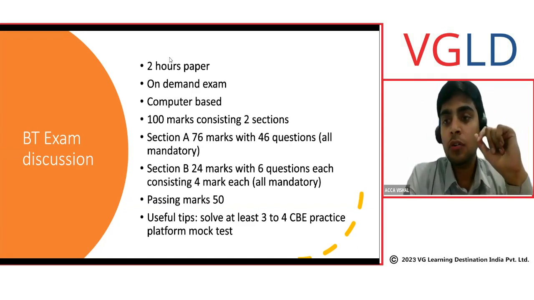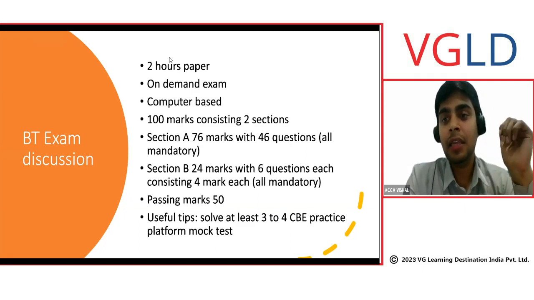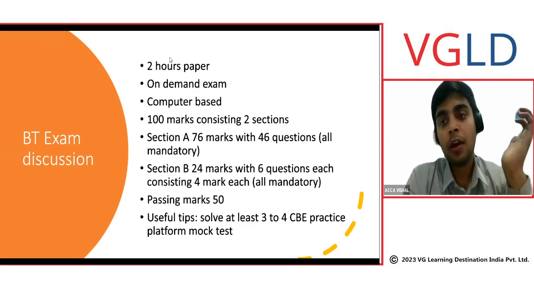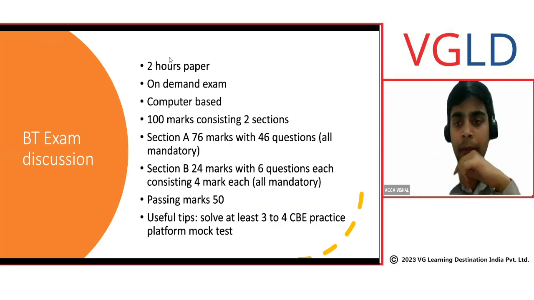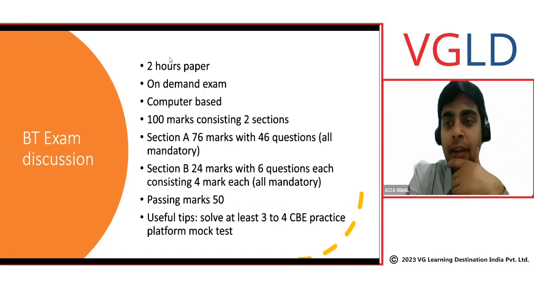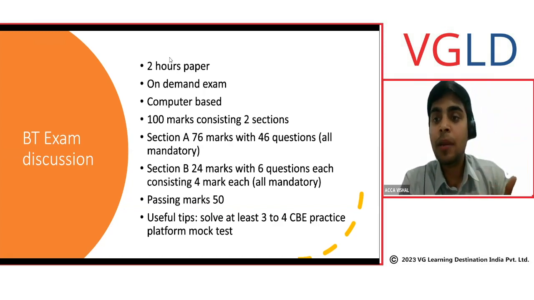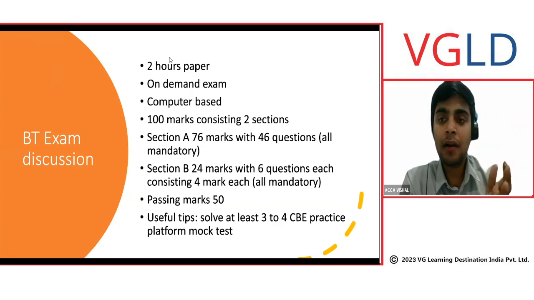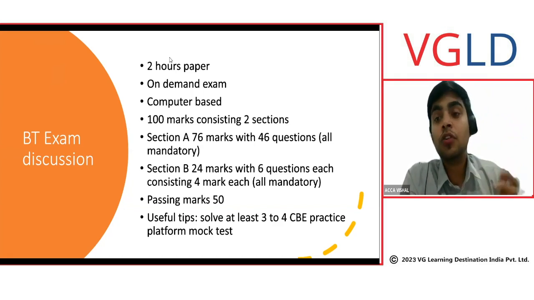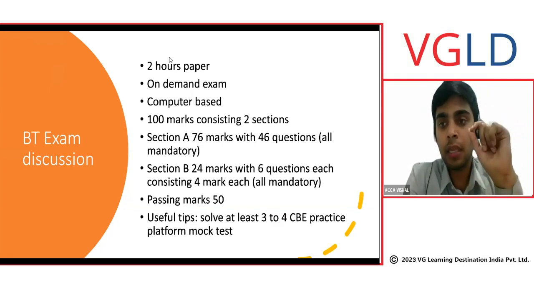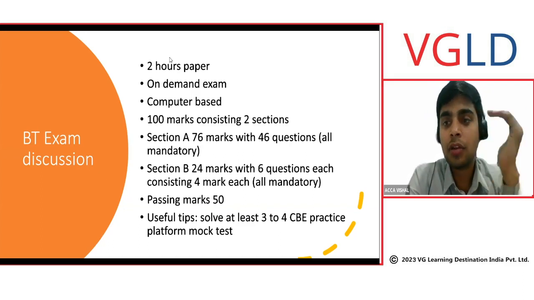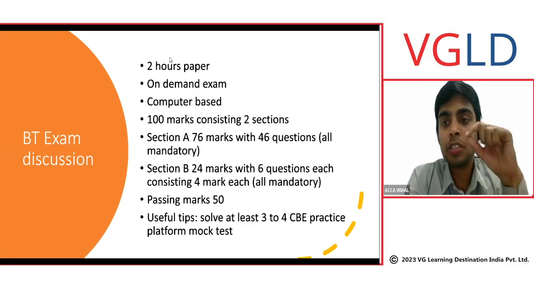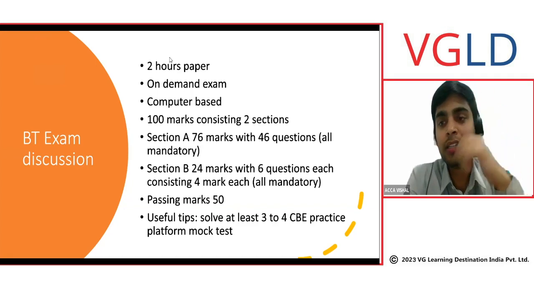What ACCA tries to do is update itself with what is going on in the current era, and accordingly it includes this in your study curriculum, so that once you become a professional, you are aware as much as possible about what is going on in real life. That is one of the things I like about ACCA: it does not teach you anything that is 10 years old where you just learn the formula, go into the exam and write it down. No, it doesn't work like that.